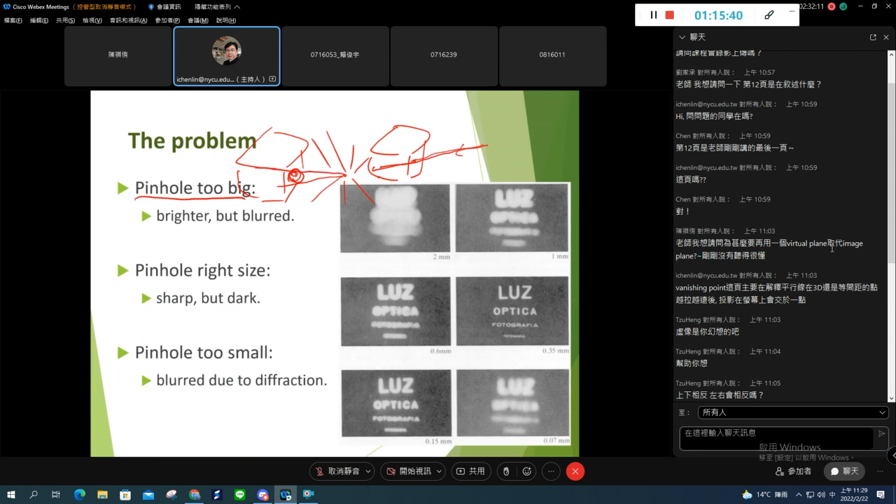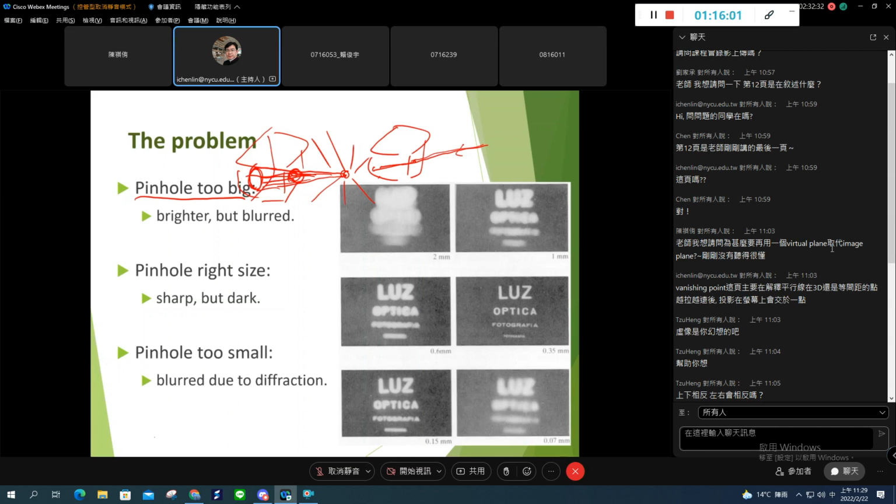So your point will no longer be a point; it will be spread, and multiple rays will pass through your pinhole. So a single point will become a spread-out sphere on your film or CCD, right?